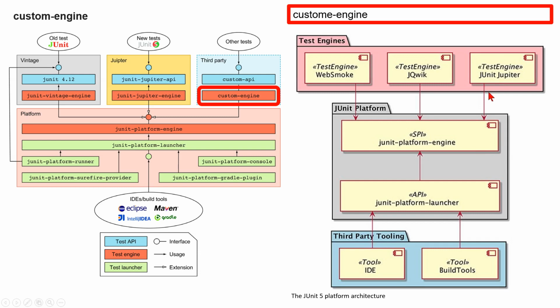To show how easy it is for engine authors to integrate tools with the JUnit platform, we will develop a very small test engine from scratch, and we name it WebSmoke here.